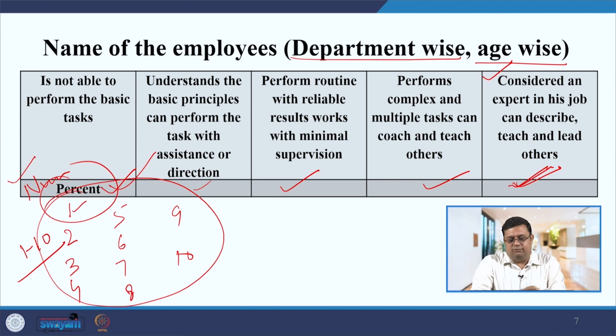You can check the percentage of people who are experts, who can teach and lead the other people. If you have people in this category in your organization, then you can use them as trainers. So this matrix will be useful to take such decisions within the organization.